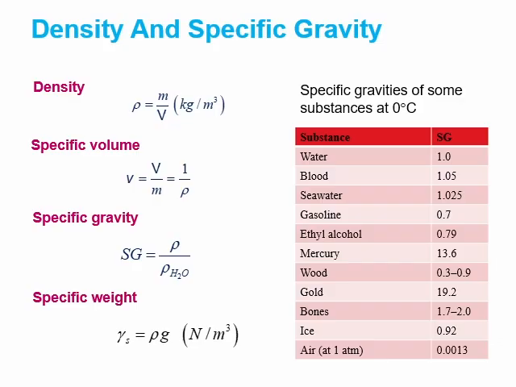And air is 0.0013, so very light. Specific weight, gamma, is the weight per unit volume. So we can use those definitions and concepts in our fluid mechanics calculations.